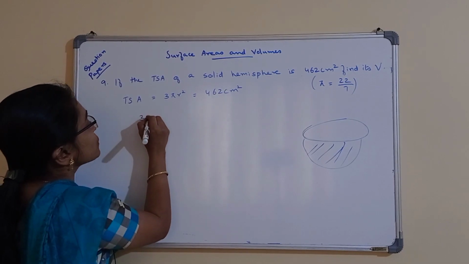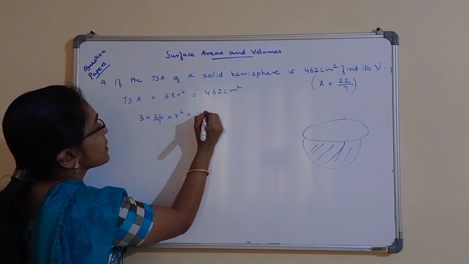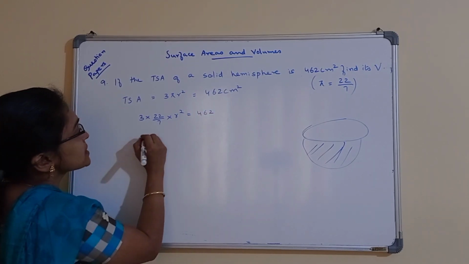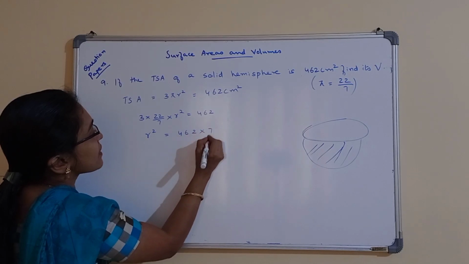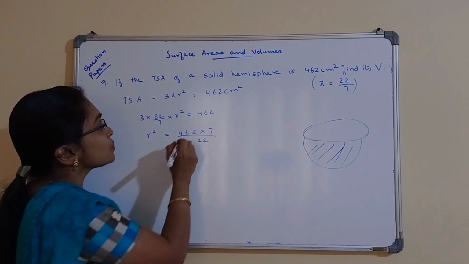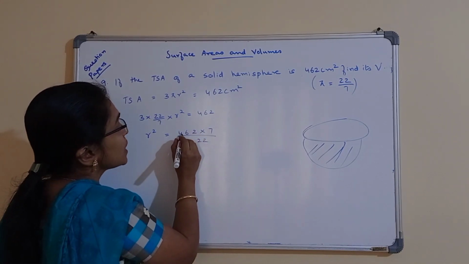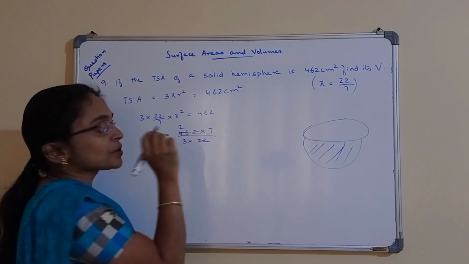So 3 into 22 by 7 into r square equal to 462, which means r square is equal to 462 into 7 by 3 into 22. Now 22 will go in 46 2 times and 44.